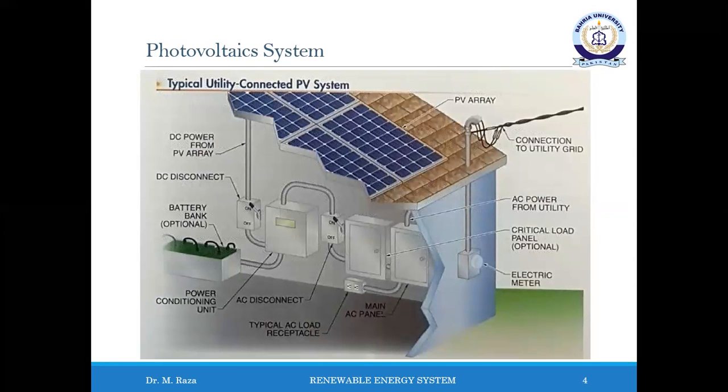The utility connected PV system is shown in this diagram. These PV systems may or may not include battery storage. The array is usually mounted on a rooftop or nearby on the ground.